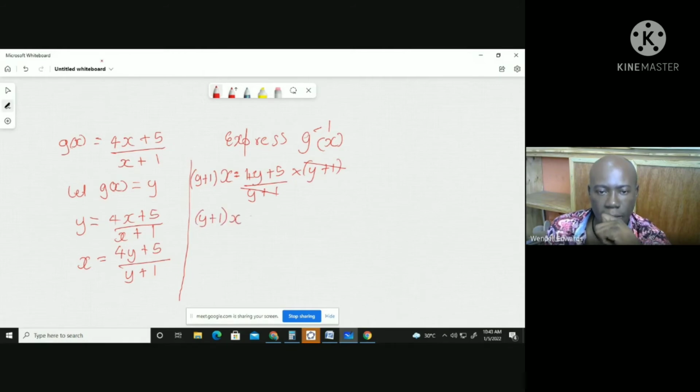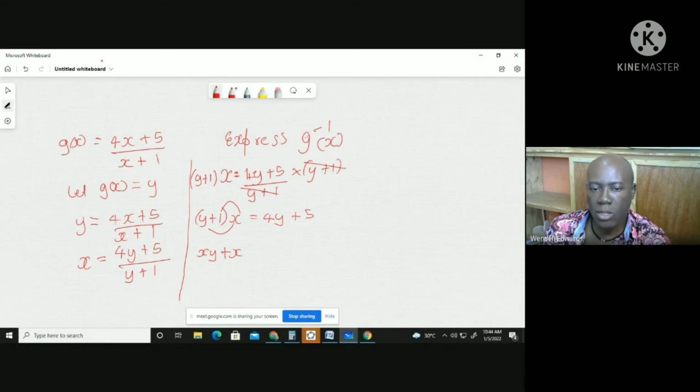times x, and this is equal to 4y plus 5. Making y the subject, we have to distribute the x in here. So x times y is going to give us xy, and x times 1 is going to give us plus x.